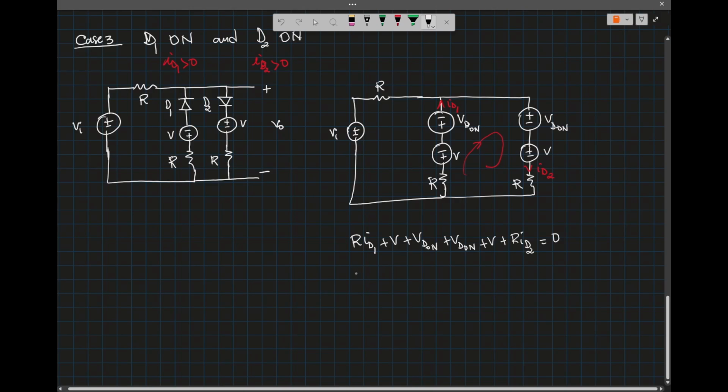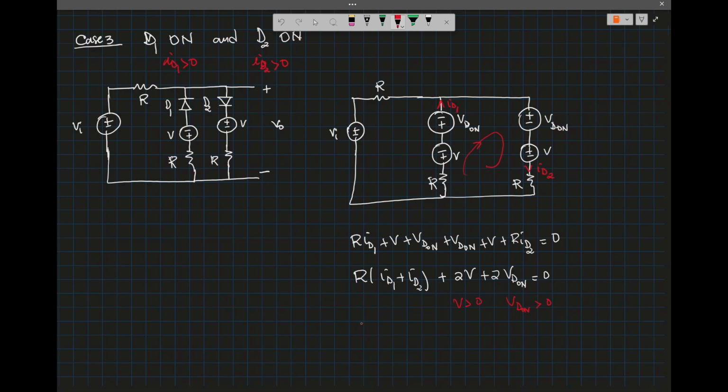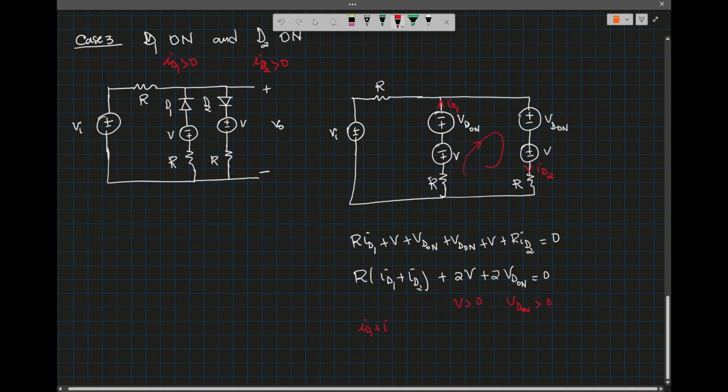So we have R times (ID1 plus ID2) plus 2V plus 2VD on equal to 0. But V is positive, VD on is positive. And the assumption is that ID1 plus ID2 terms must be positive.